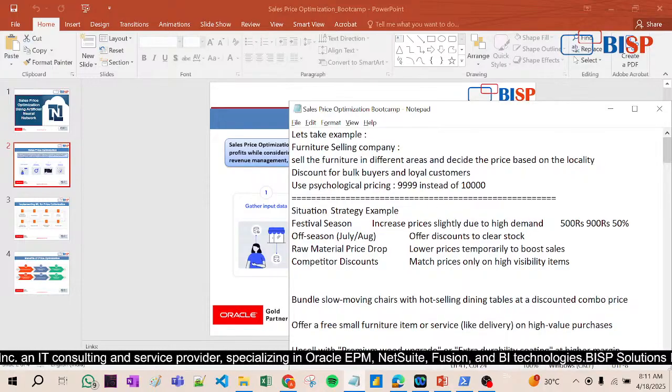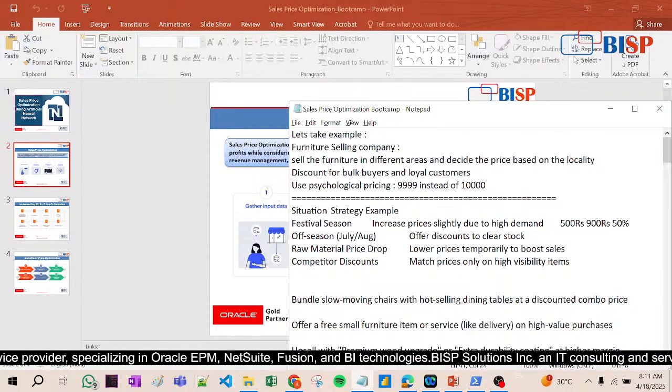in some areas. Let's take an example. If a high profile person comes to you to buy a sofa, you definitely know that he will not negotiate, because high society people don't want to negotiate. They feel negotiation is not a good thing.